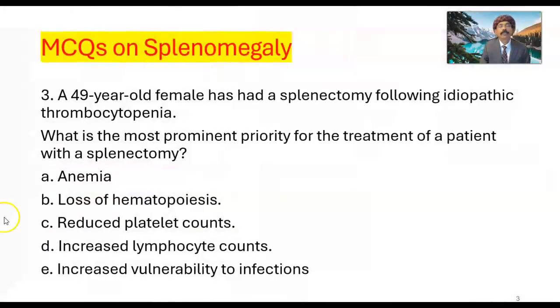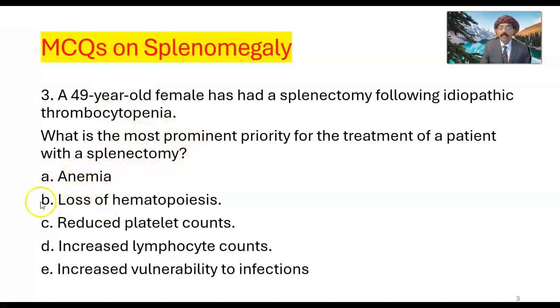Question number 3. A 49-year-old female has had a splenectomy following idiopathic thrombocytopenia. What is the most prominent priority for the treatment of a patient with splenectomy with this history? Okay, so what is the main feature in this patient?